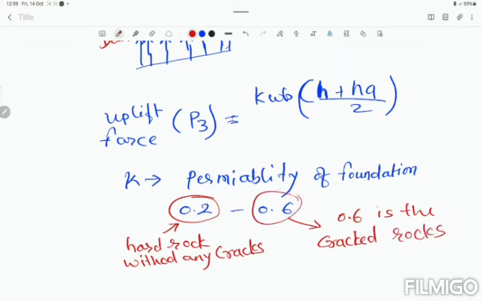Values between those two vary with the types of rock foundation.